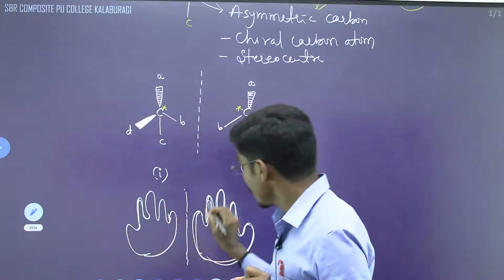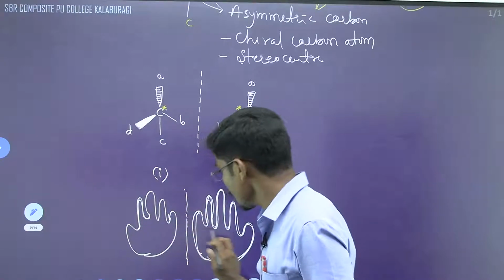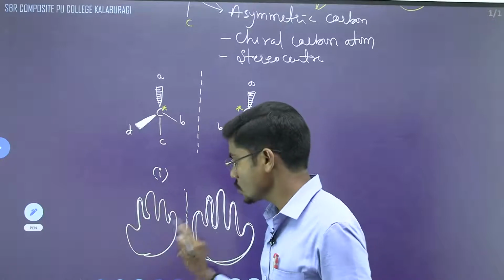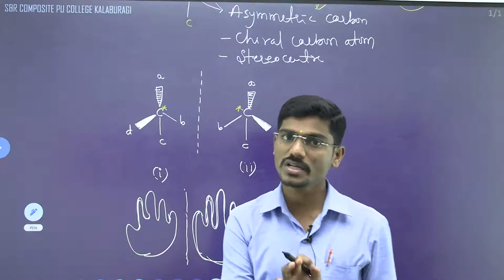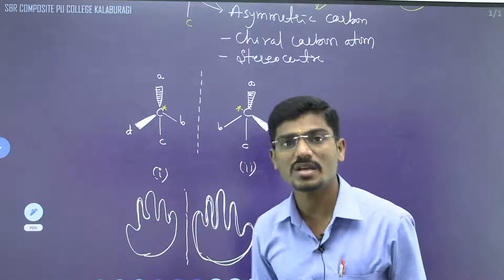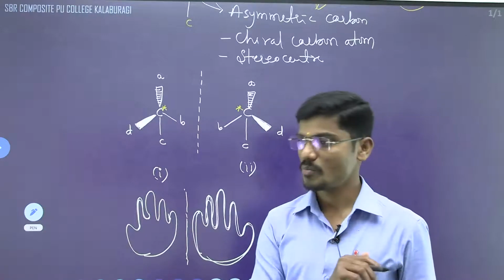An object which has non-superimposable mirror images is said to be a chiral object or chiral molecule.